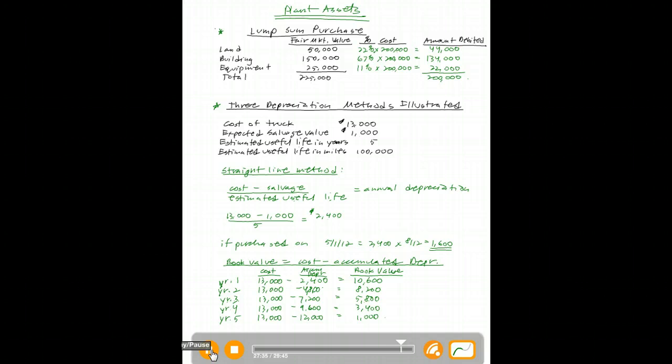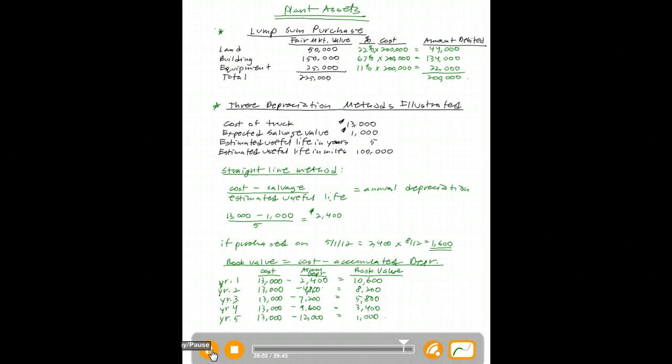The journal entry in year 1, you're going to debit depletion expense for 400,000, and you're going to credit accumulated depletion for 400,000.